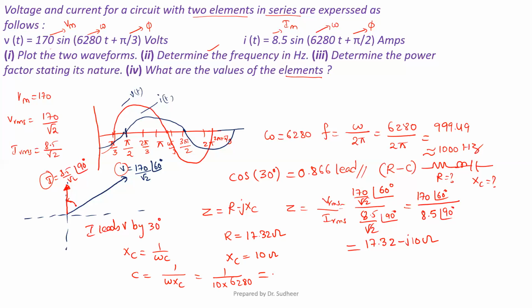So 6280 into 10, take the inverse of that, you are going to get 1.59 into 10 power minus 5 farads. Okay, 1.59 into 10 power minus 5 farads, or else we can say 15.9 microfarads. Both are correct.